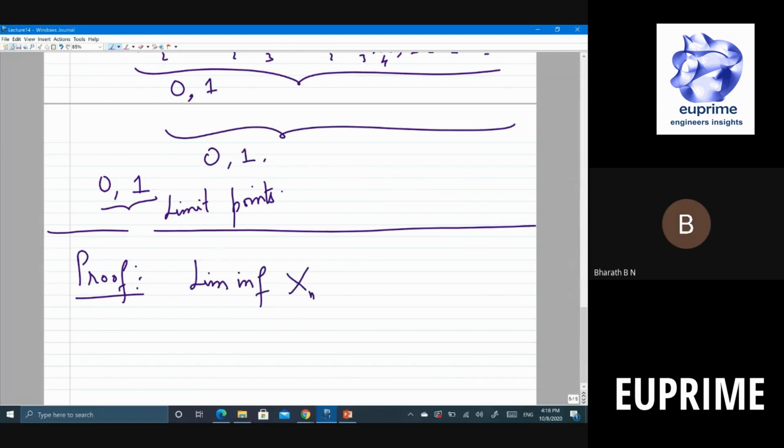This is nothing but I can write as the limit as n tends to infinity, since it is lim inf, of the infimum over k greater than or equal to n.